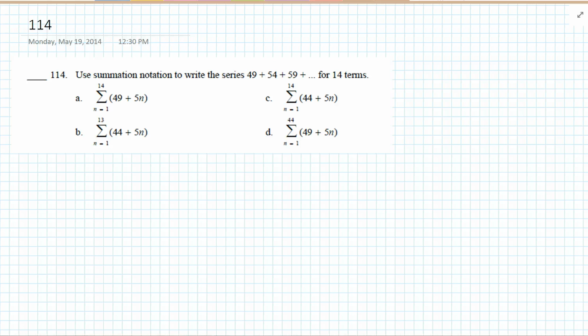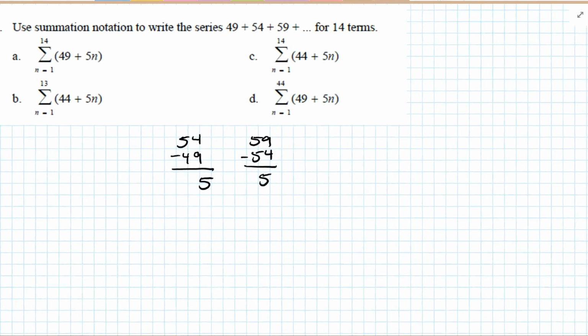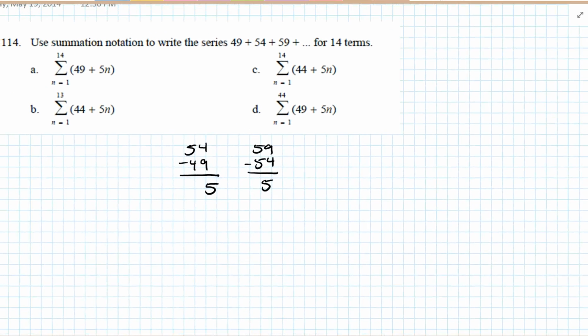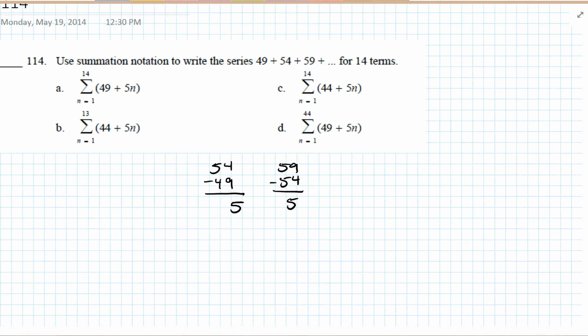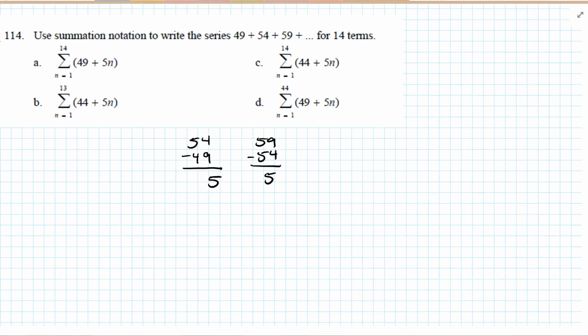114. Use summation notation to write the series 49 plus 54 plus 59 for 14 terms. The first thing we've got to figure out is whether this is arithmetic or geometric. So we look for the common difference. 54 minus 49, second term minus first term, is 5. 59 minus 54, third term minus second term, is 5. So it is an arithmetic sequence.